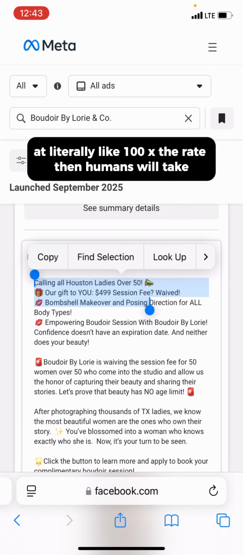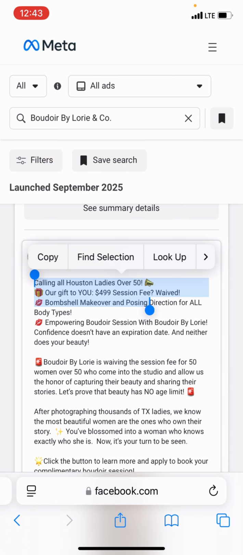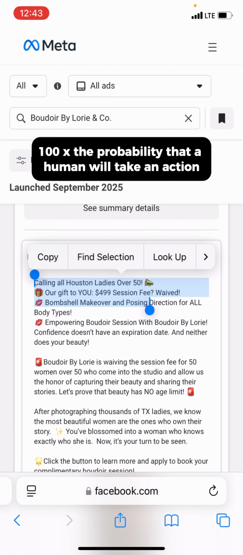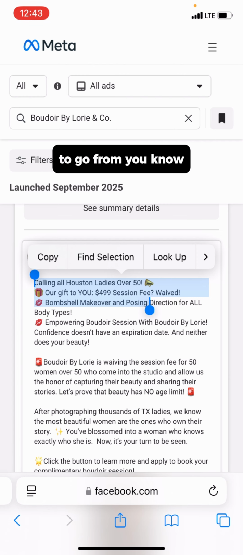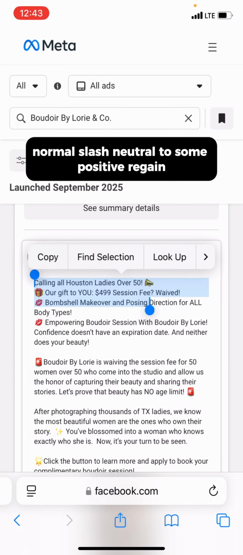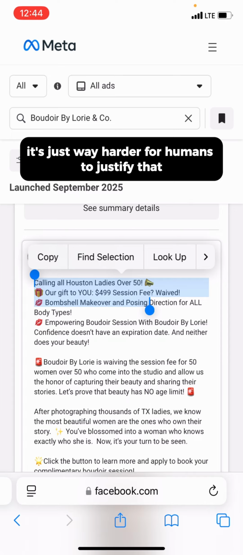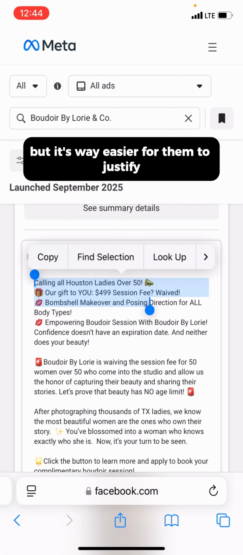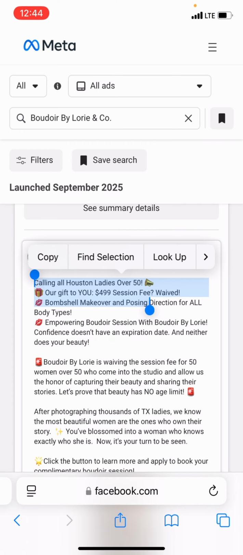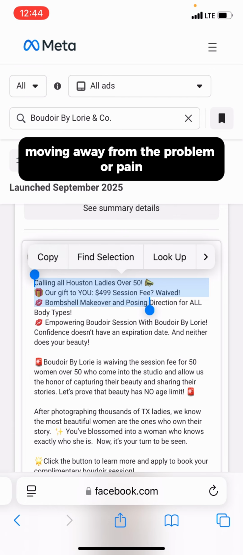Then humans will take 100x the probability that a human will take an action to go from normal or neutral to some positive or gain. It's just way harder for humans to justify that, but it's way easier for them to justify moving away from the problem or pain, for them to take an action.